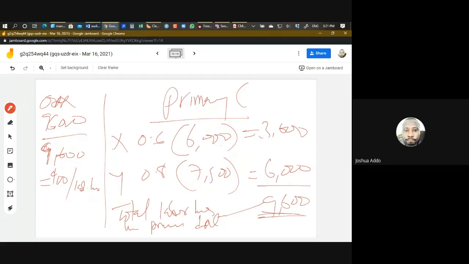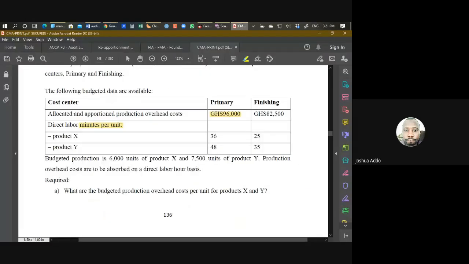So how about the products themselves? We know that 1 unit of product X requires, let's go back to the question to be clear, direct labor in minutes that is required to finish the product in the primary department.